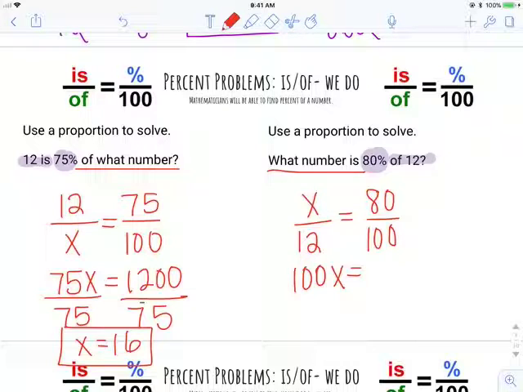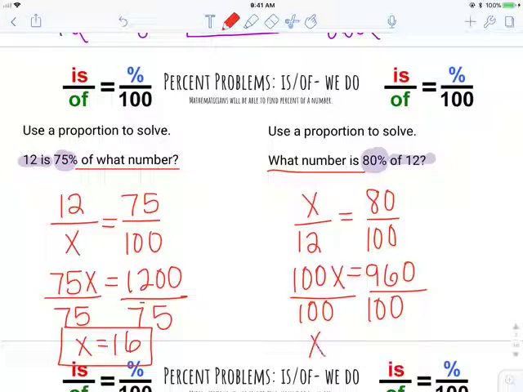Sorry, calculator problem, is 960. Divide by 100 on both sides, and x is equal to 9.6. And I was looking for a number.